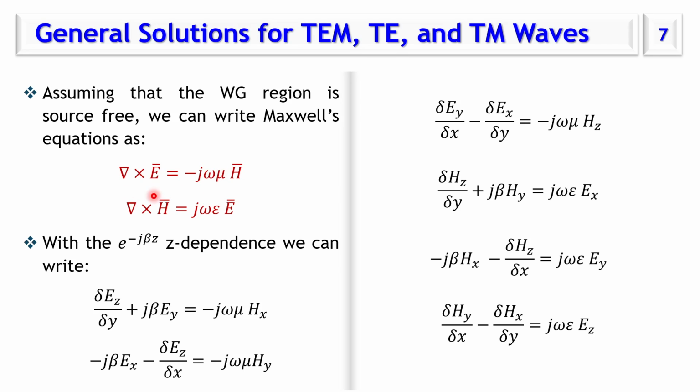And if we write down the curl for x, y, z in the Cartesian coordinate system, each Maxwell's equation will produce three equations: an equation in x, in y, and in z. For H, same thing as for E, we'll have three different equations. These two Maxwell's equations will be expanded into 6 different equations as shown here.